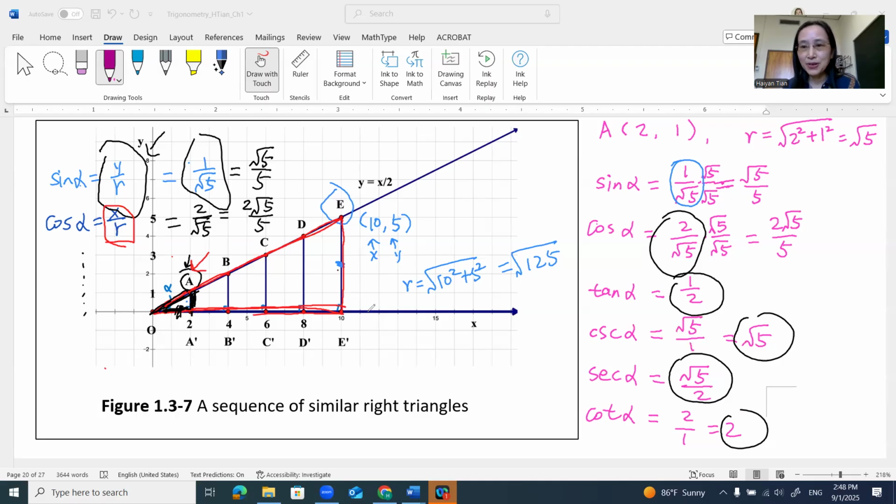Because the sequence of right triangles will create the same ratio because they're similar. So using this example, you can see why it doesn't depend on which point you use. So you should always get a unique answer for a trigonometric function at a given angle.